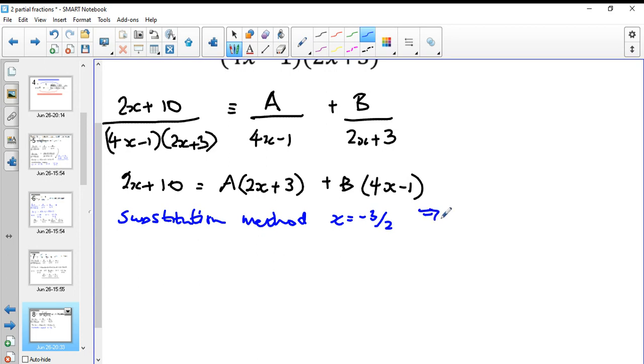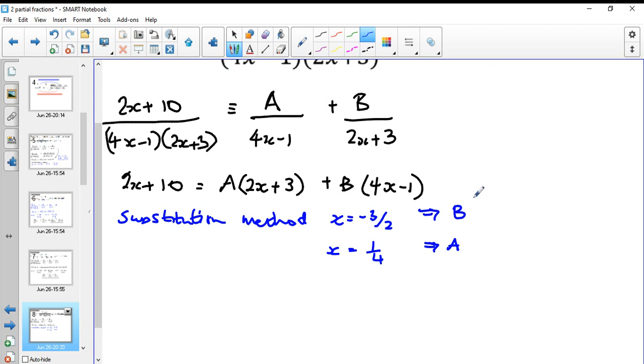That would lead me to work out what b is. And if I wanted to make this bracket be 0, I would substitute in 1/4, and that would lead me to work out what a is. Now that's perfectly fine if you're happy to use your calculator carefully to type in fractions, and that method will work perfectly well.